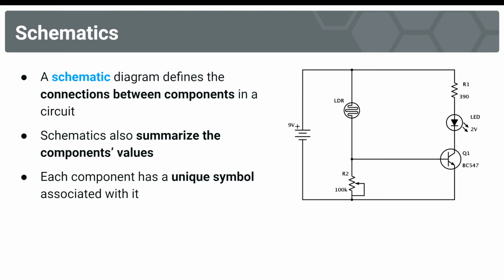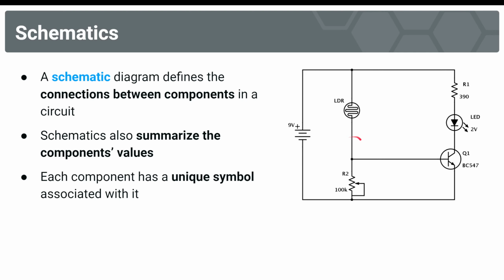We need a schematic diagram which defines the connections between components in a circuit to inform us on how to build the circuit. Schematics also summarize the component's values, and each component has a unique symbol associated with it. Let's take, for example, the schematic on the right here.